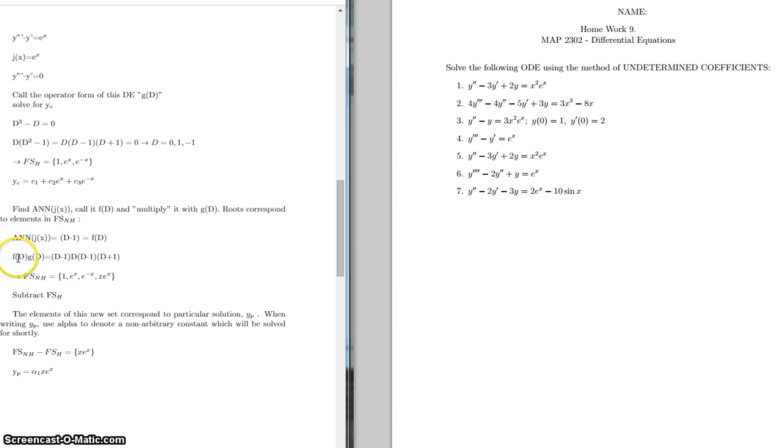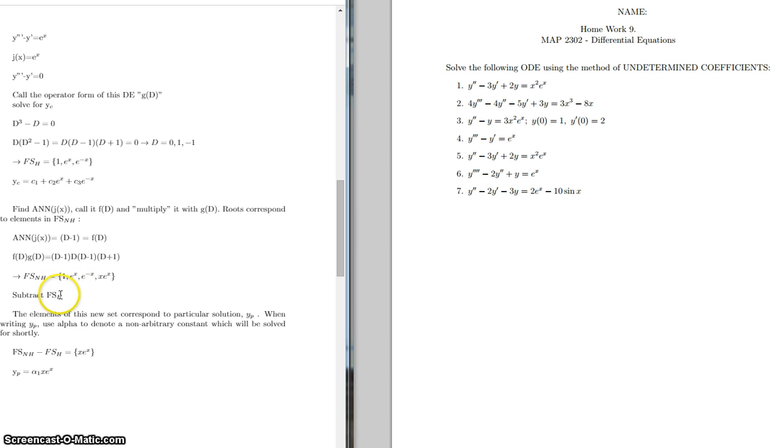So f of d times, quote unquote, g of d is d minus 1 squared times d plus 1. So our fsnh is 1, e to the x, x e to the x because of the fact that d minus 1 is squared, and then e to the negative x.